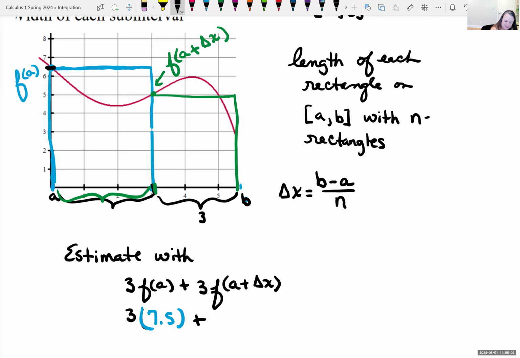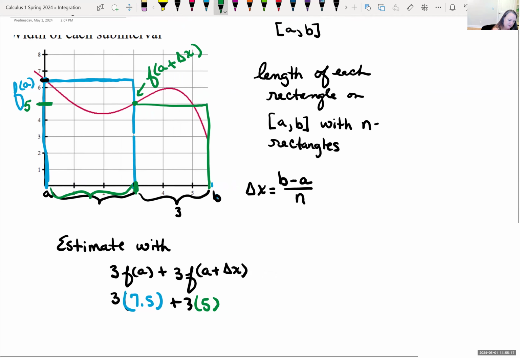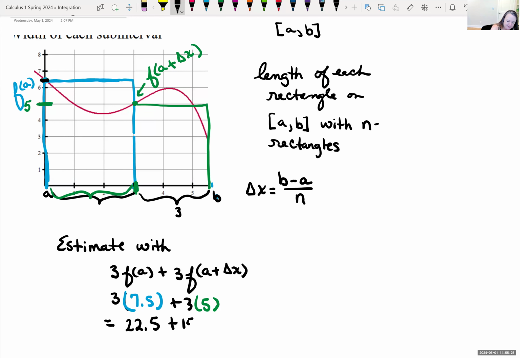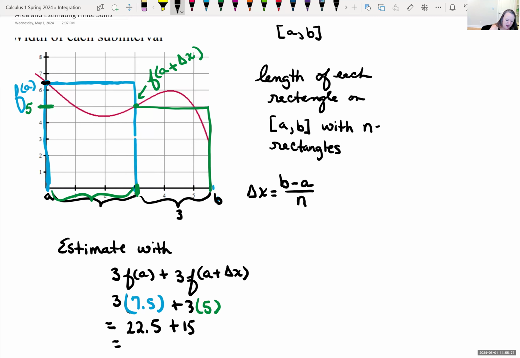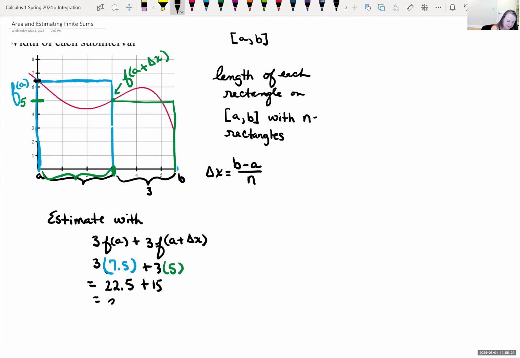Plus 3 times, in this case right here, f of 3. F of 3, notice, my y value here is 5, times 5. So this is equal to 22.5 plus 15, which gives me approximately 37.5.